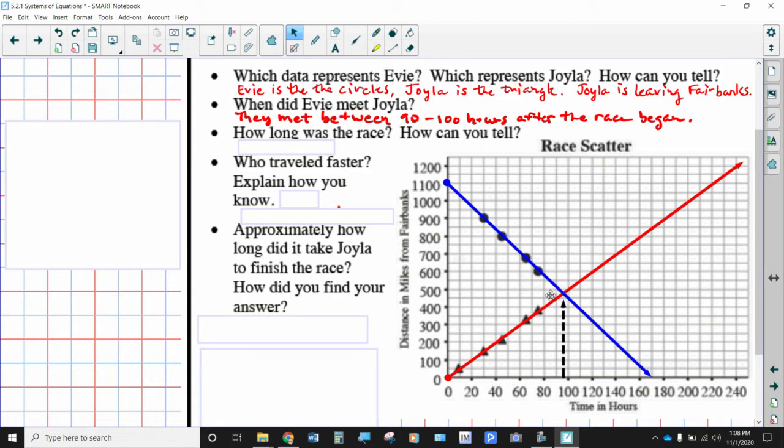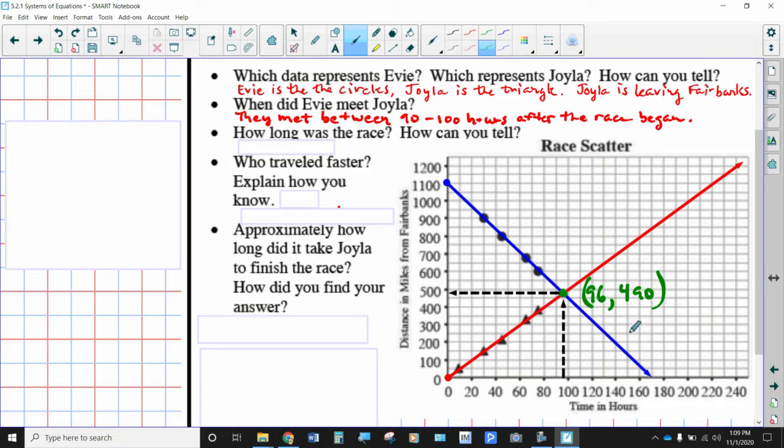So in this particular situation, the intersection point of the two lines has a very specific meaning. In this case, if I were to put this in green here, let's call it 96, even though I don't know that that's exactly what it is. 96 hours after the beginning of the race, they met approximately 480, 490 maybe, miles away from Fairbanks, Alaska.